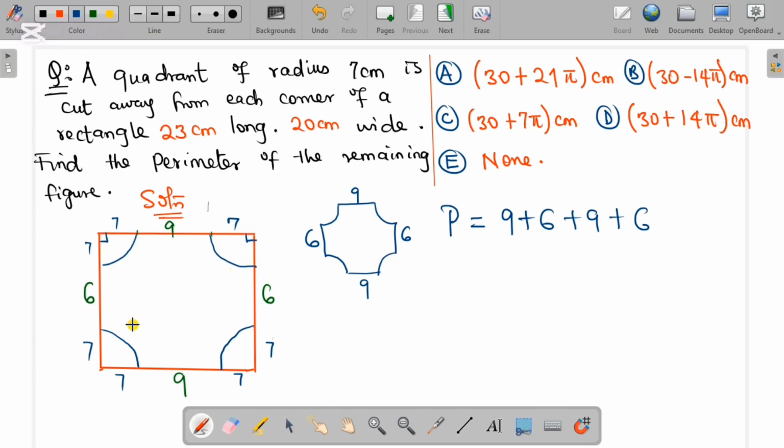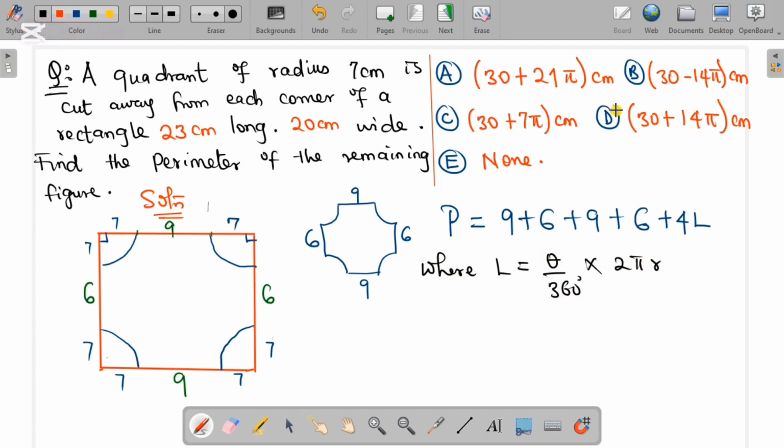So it is 90 degrees all through. So what we are going to do is to add 4 times the length. Let's call that length of arc L. Now let's find the value of that L, where L, by the arc length formula, is equal to theta over 360 times 2 pi r.